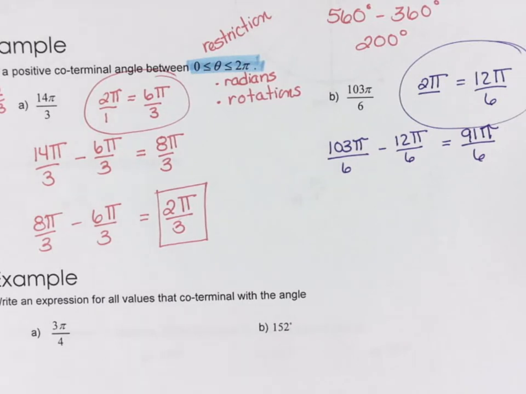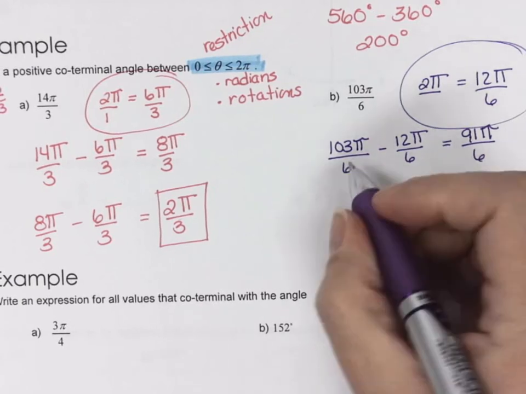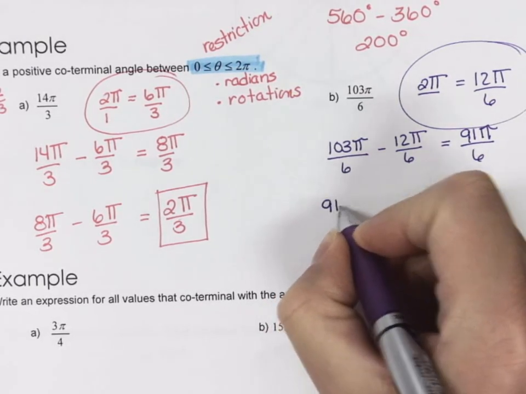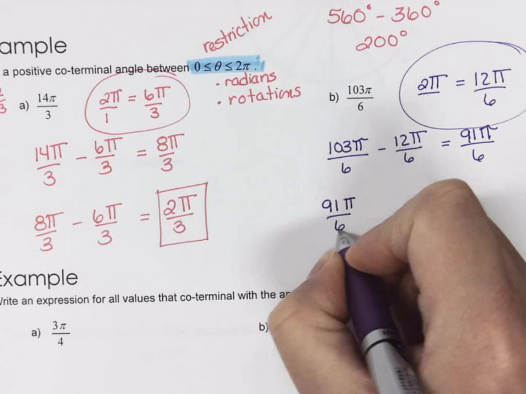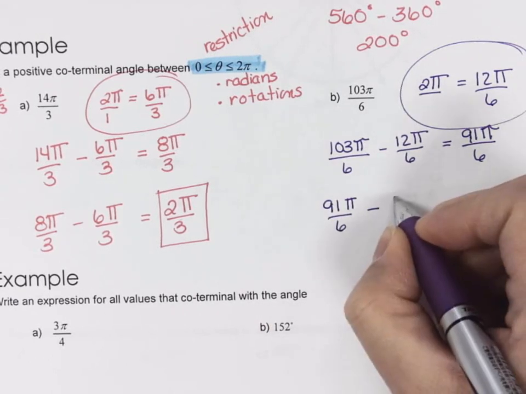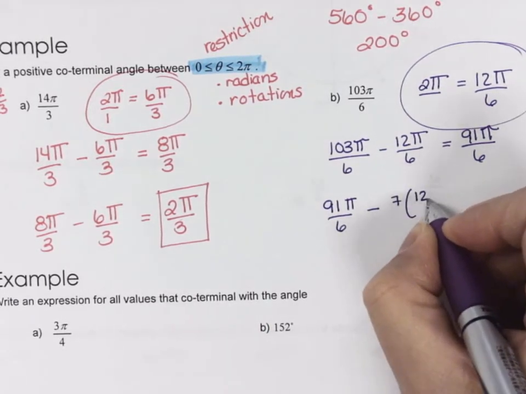So your comfortableness with multiples matters. I'm going to take 91 pi over 6, and I'm going to subtract 7 full rotations.